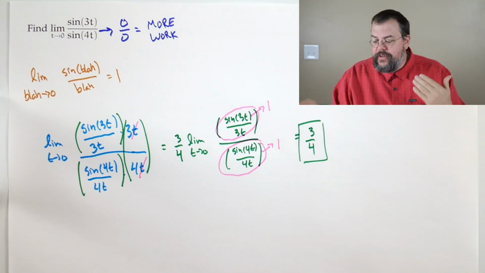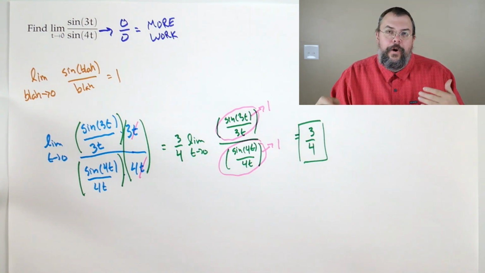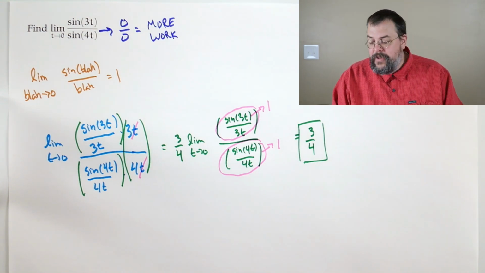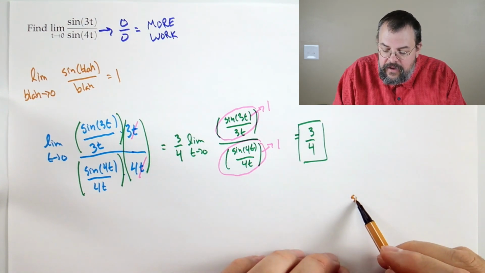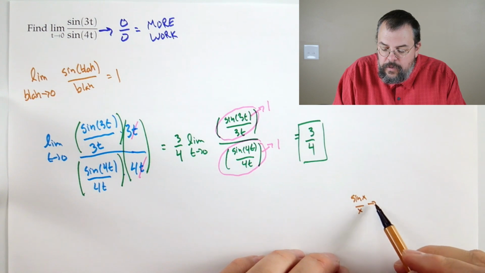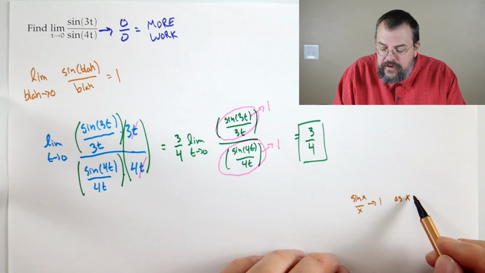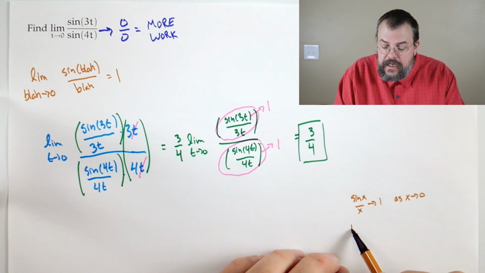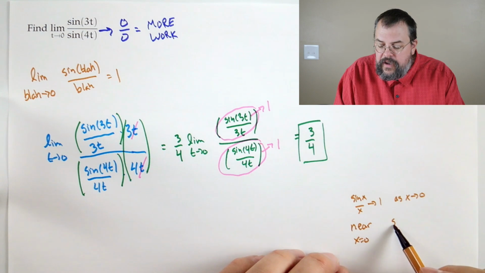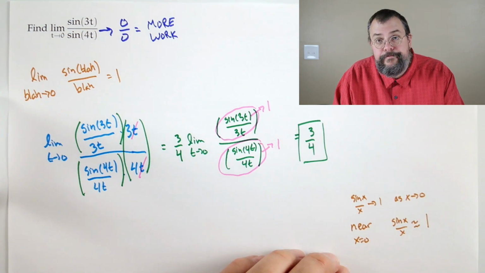Now, one of the things you could have seen at the beginning, once you get used to this thinking, you can say, well, how can I think of sine? Because we have sine of x over x goes to 1 as x goes to 0, really what that means is that near x equals 0, sine of x over x is approximately 1.